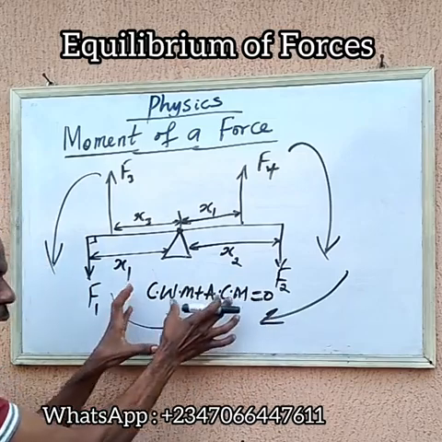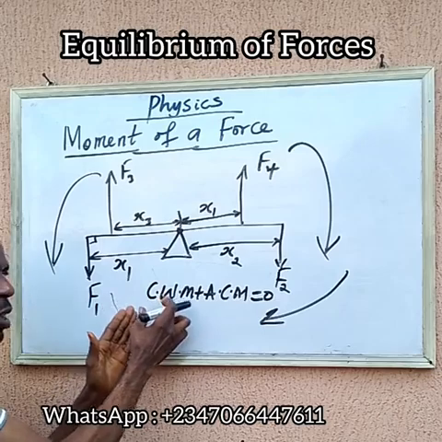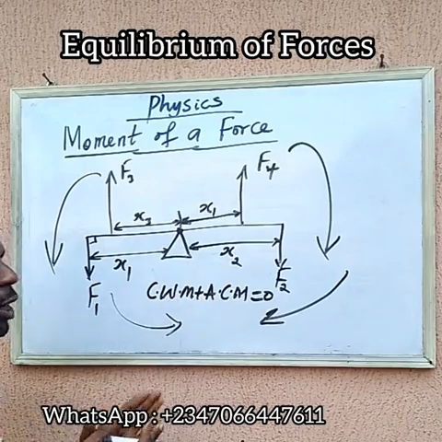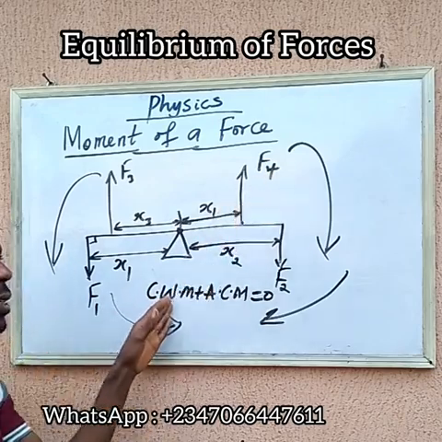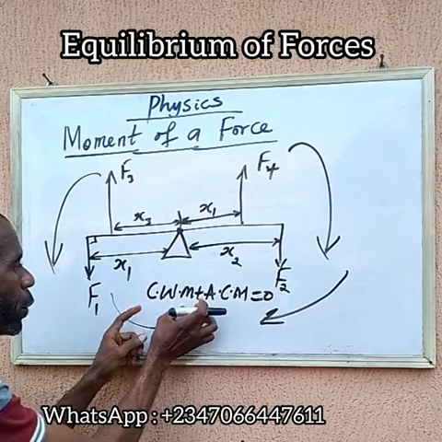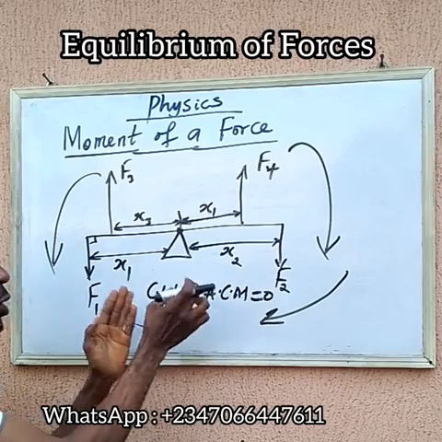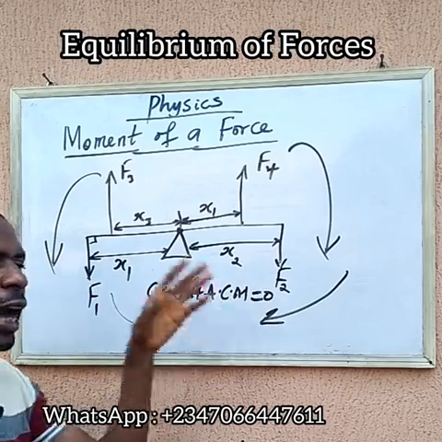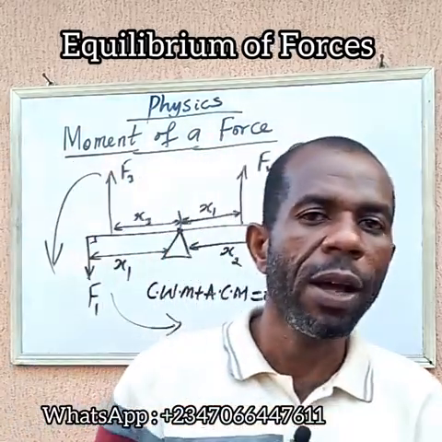So when both of them add together, one of them should be positive and the other one should be negative. Like I explained earlier, the clockwise moment carries a negative sign convention. So in that case, the sum of the clockwise moments is equal to the sum of the anti-clockwise moments.